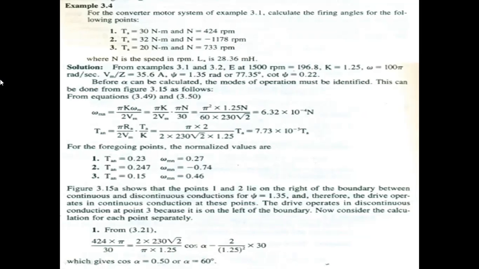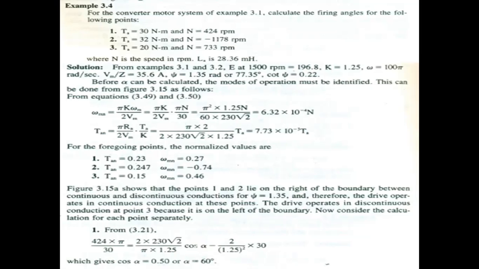Okay, so now the solution, you will see the solution for 1, 2, 3. First, we have to find the basic calculations, what we have to do. After that, we will go for bits 1, 2, 3. See here, from the earlier examples 3.1 and 3.2, the first two sums, E is given at 1500 RPM.